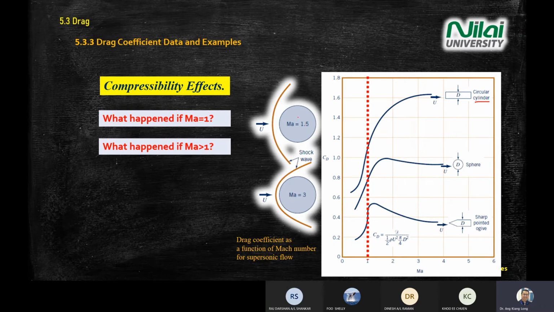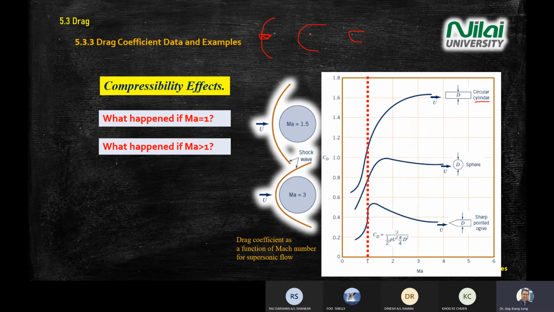If you look at Mach number 1.5 and Mach number 3, you see that the shock wave will get near to the surface as you increase the Mach number. Okay, so the shock wave normally will happen like this, then like that, then like that.